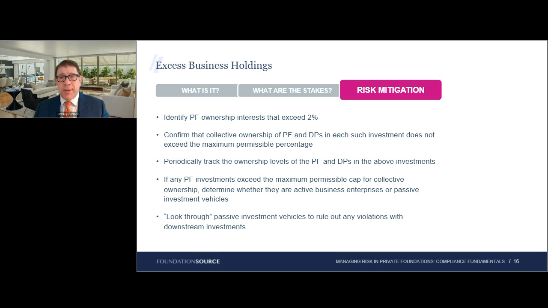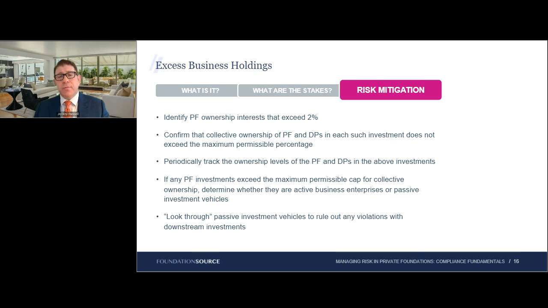To do this, the foundation should institute a protocol for periodically tracking the holdings of its disqualified persons, its insiders in that business. As we learned earlier, disqualified persons can include individuals who don't serve on the foundation themselves. Therefore, the foundation's inquiries must extend beyond merely the disqualified persons who happen to be serving on the foundation.